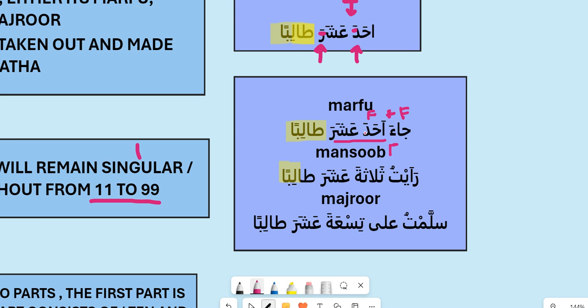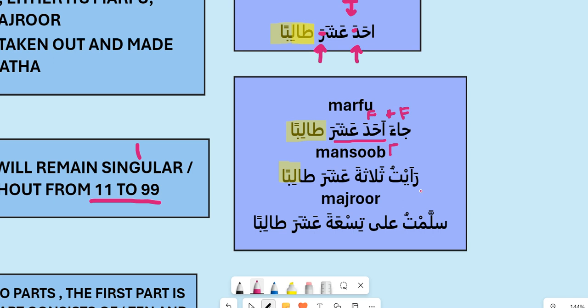That means these numbers remain mabni with fatha throughout, in any position. So in the marfu case, it still has a fatha intact. Ja'a ahada ashara taliban: ahada ashara means 11 students, and this number 11 is in the marfu position, that means in the doer position. Let's check the next one.